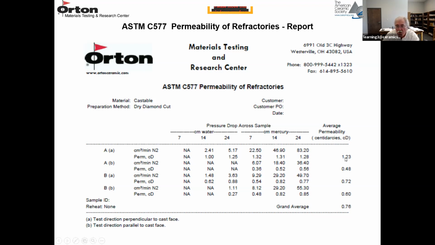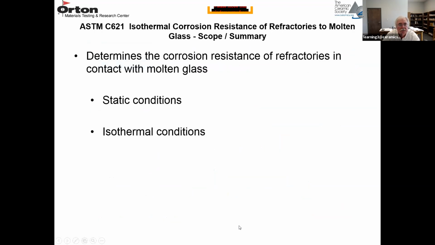So you had a flow of 1.23 centidarcies, then parallel to the cast face is 0.48. So this number is the average of however many measurements you're able to take over that region from 0 to 9,000 where you can measure the flow. So that's what a permeability test looks like.